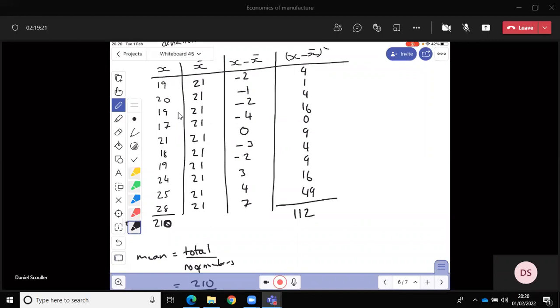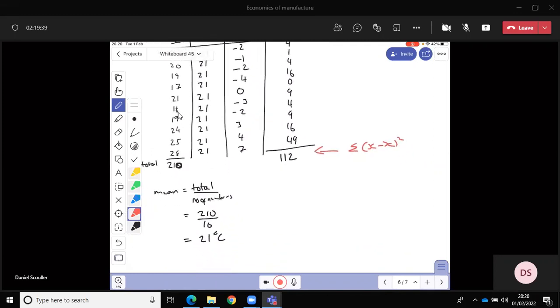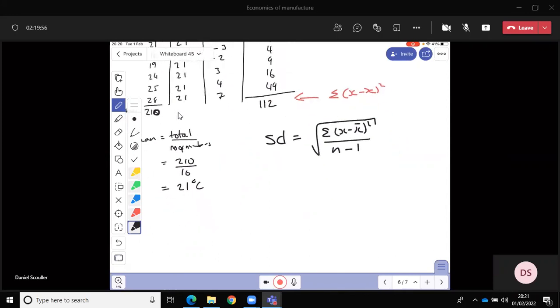So that's your sum of all of those numbers, all added up. That's your first line that goes into your standard deviation. Standard deviation is equal to the root of the sum of x minus x bar squared over n minus 1.